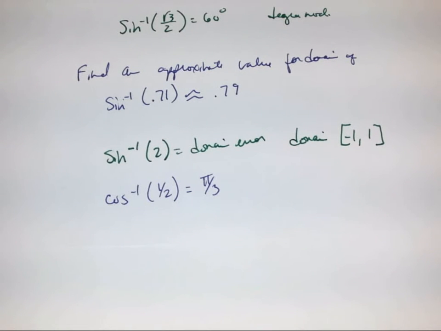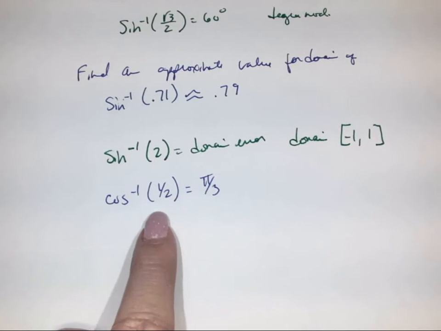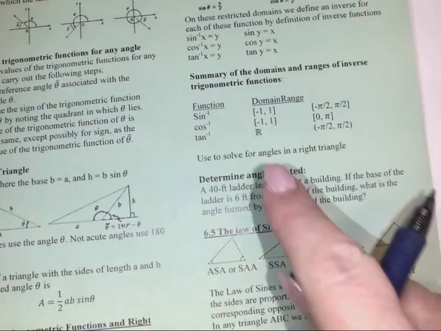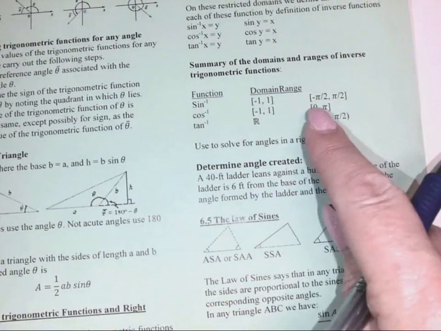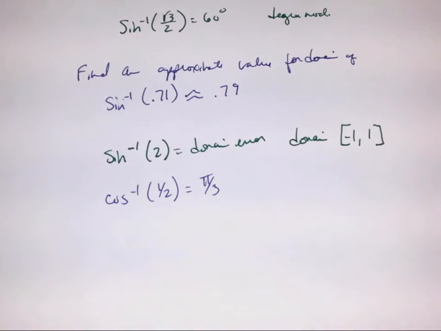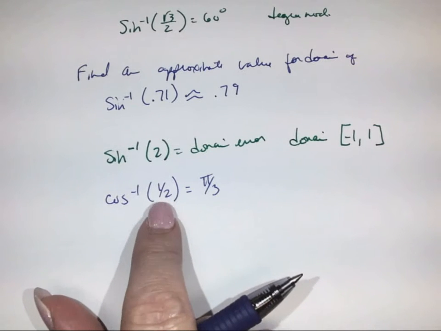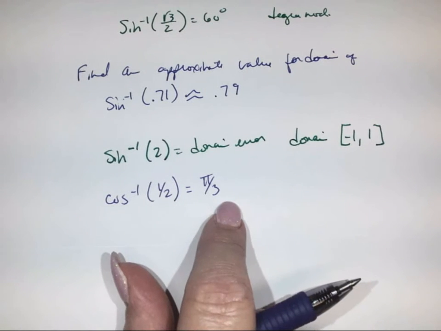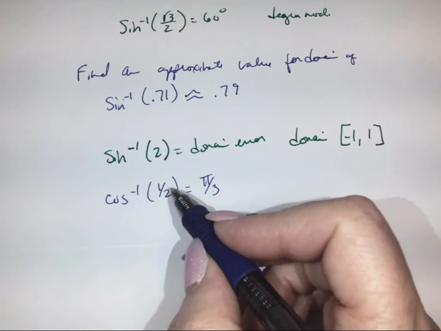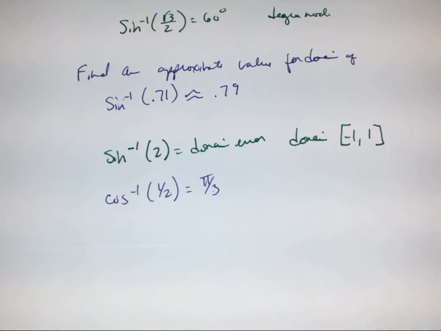Remember, our domain in cosine is following what we talked about. So it will also have a -1 to 1, and then the range is 0 to pi. So we are good on that one. And hopefully you'll recognize if I was finding the cosine of pi over 3, it's going to be 1/2. So this is our angle now, and that is the value of the angle.